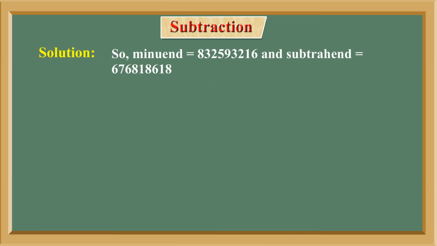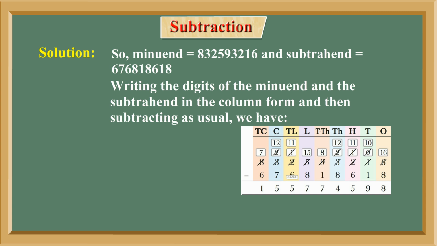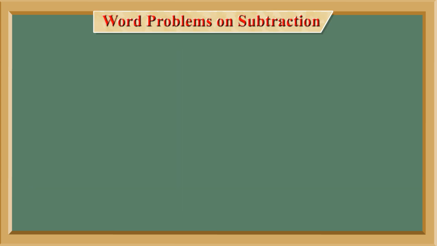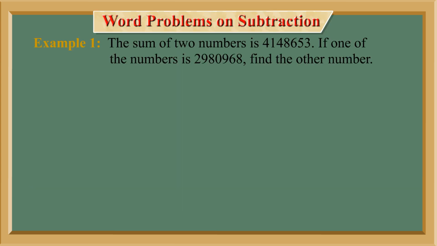So, minuend is equal to 83 crores 25 lakhs 93,216 and subtrahend is equal to 67,68,18,618. Writing the digits of the minuend and the subtrahend in the column form and then subtracting as usual, we have. Hence, the difference between 83,25,93,216 and 67,68,18,618 is 15,57,74,598.